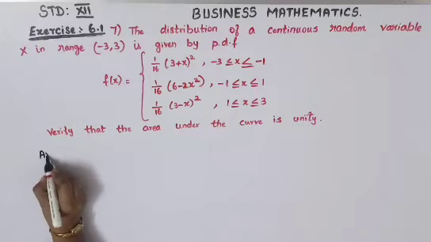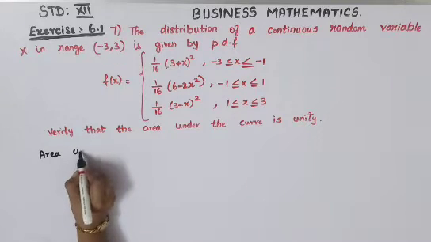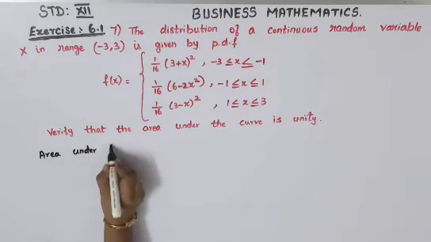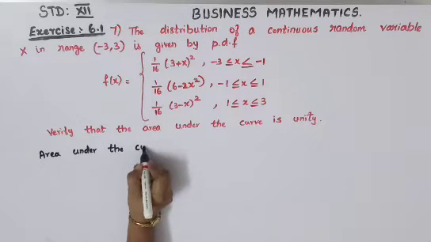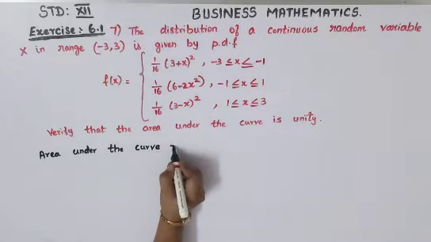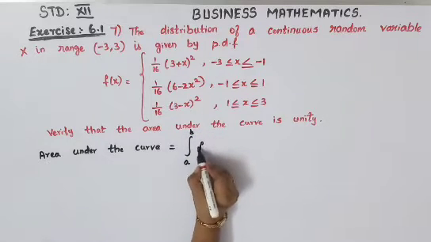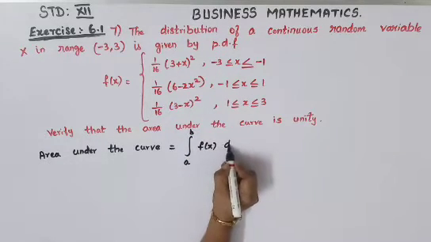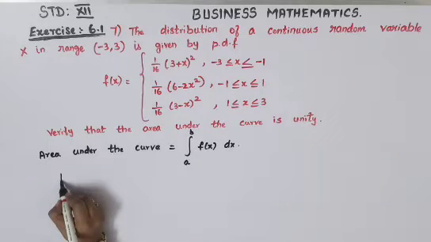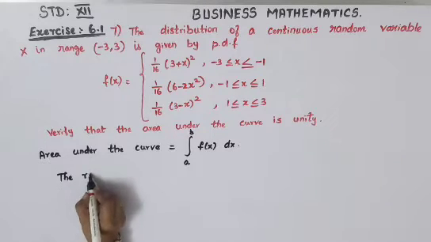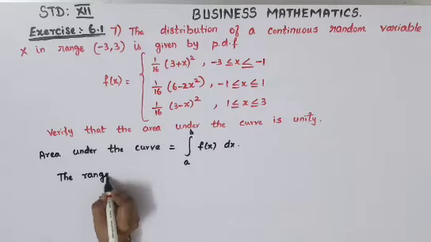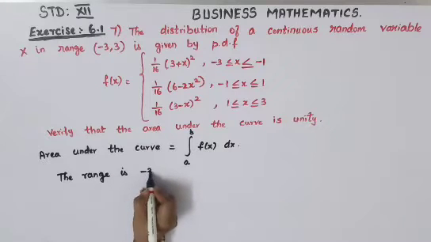Area under the curve is integral a to b f of x dx, and your range is given. The range is from -3 to 3.